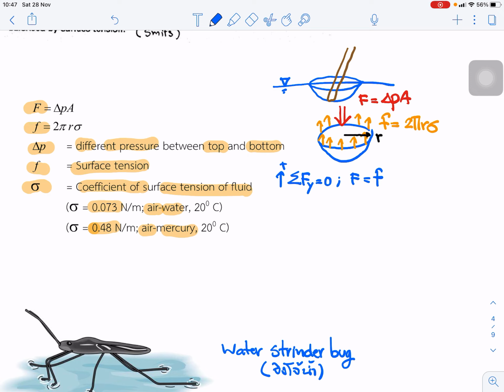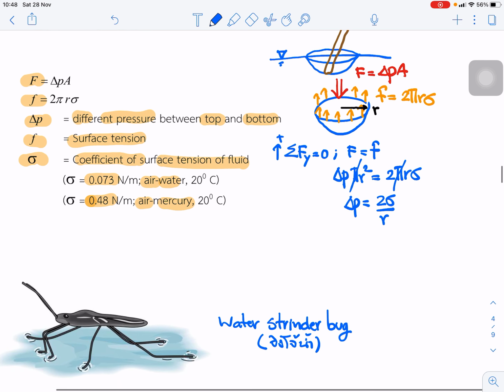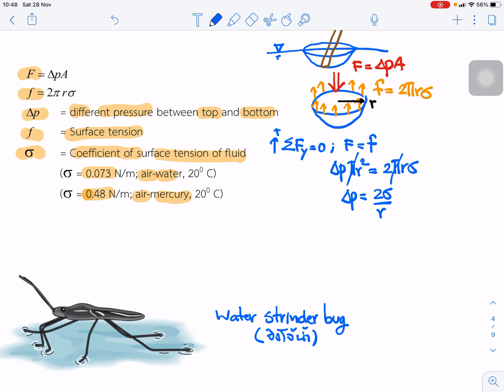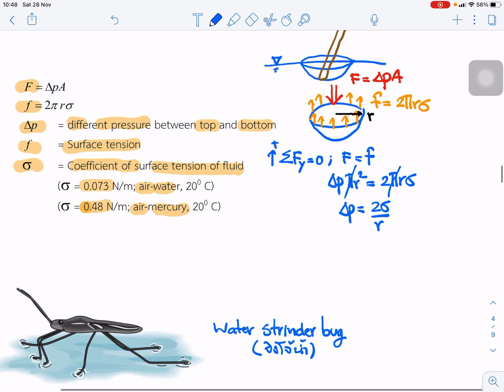We just substitute delta P times the area, pi r squared, is equal to 2 pi r sigma. Pi is cancelled, and we can write delta P is equal to sigma divided by r. That is the case of the surface tension.